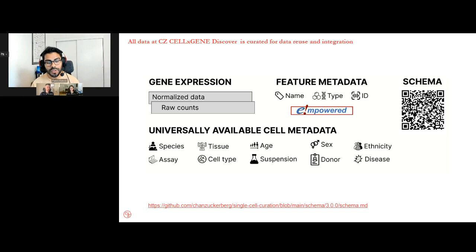And then for feature metadata, currently we use a pinned version of the GENCODE genome version to standardize on the names and the IDs of our genes, and then looking forward, when we start supporting protein data, we will start looking into how to best standardize that feature space.